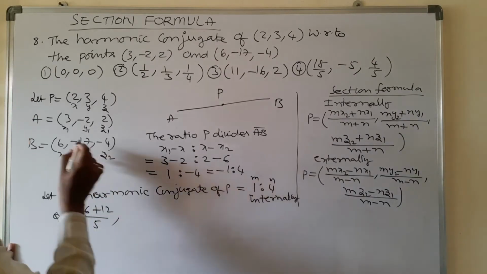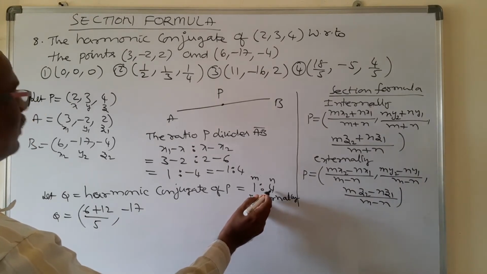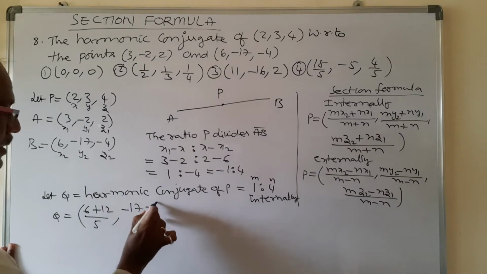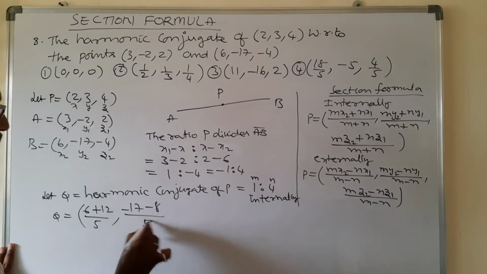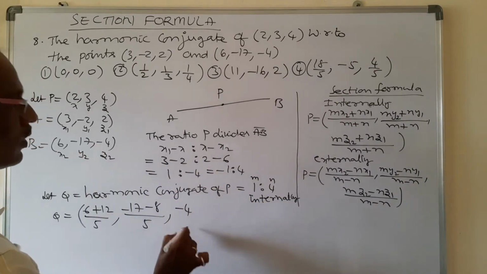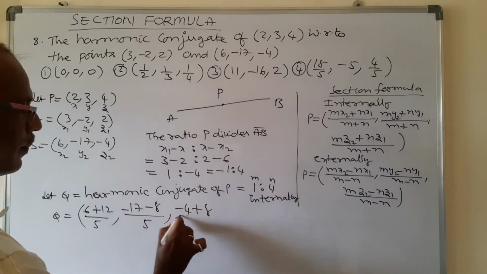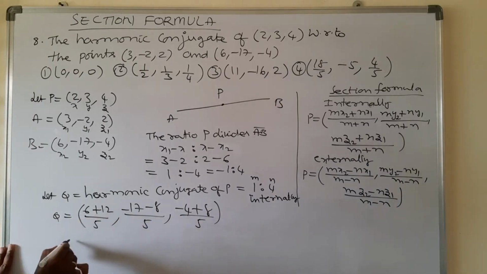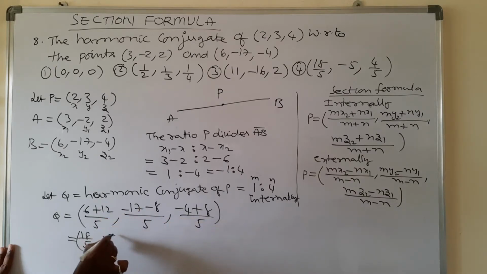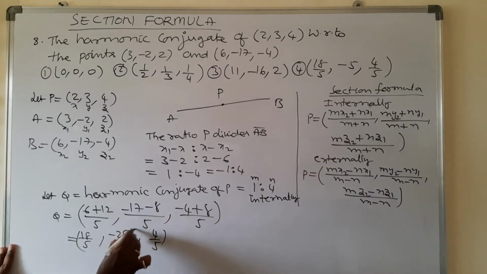Then my2 is 1 into minus 17, plus ny1, 4 into minus 2, minus 8, by 5, comma mz2, 1 into minus 4, plus nz1, 4 into 2, 8, by 5. 6 plus 12, 18 by 5; minus 17 minus 8, minus 25 by 5, minus 5; minus 4 plus 8, 4 by 5.